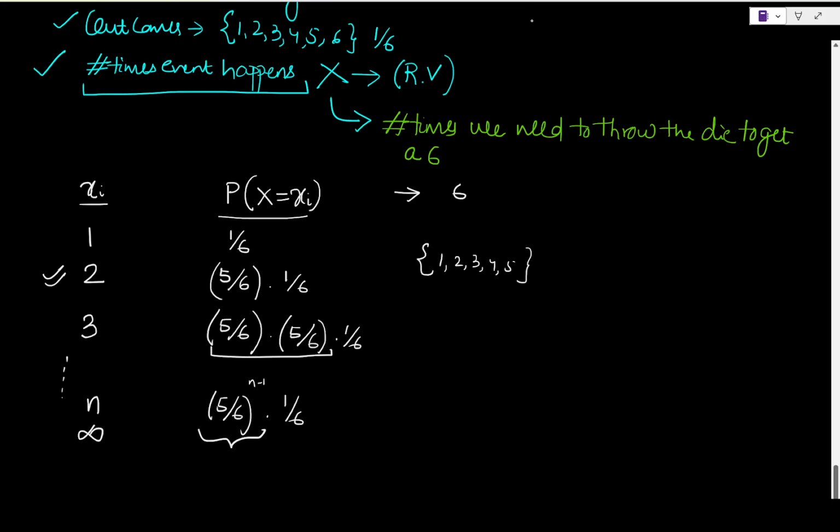It will be 5 by 6 into 5 by 6 into 5 by 6, n minus 1 times, for all those events occurring independently. And for the final, nth throw, we must get a 6, whose probability is 1 by 6. All these are AND events, so they are multiplied. So our random variable can take any number of values from 1 to infinity.